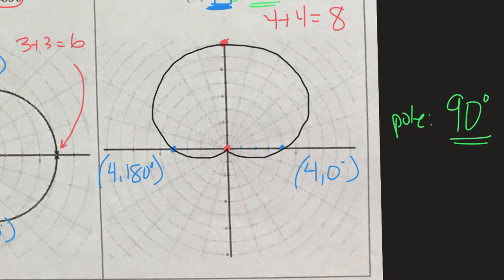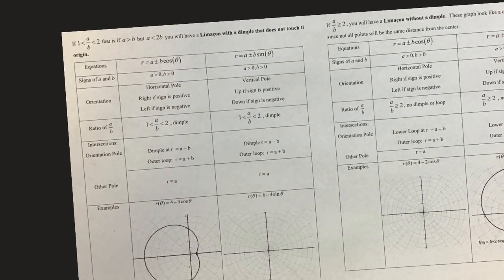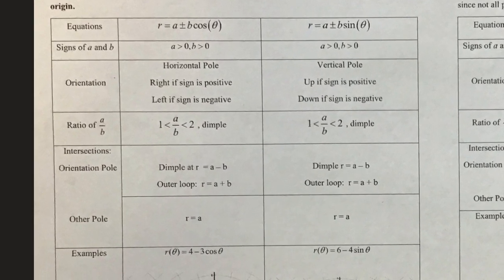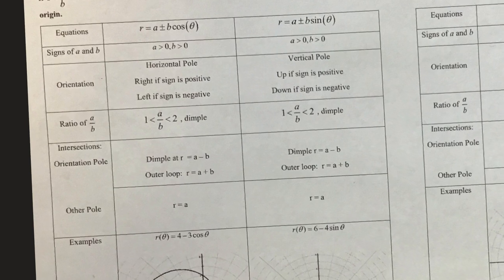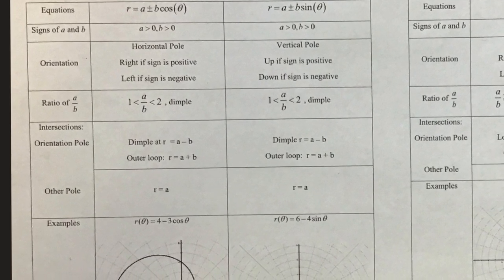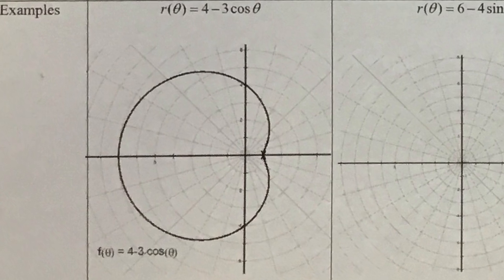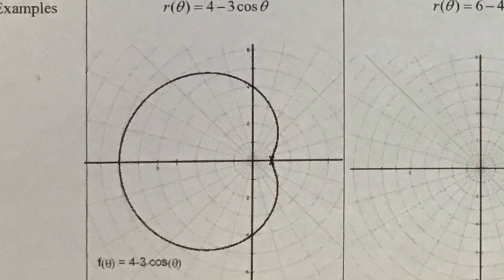Okay, let's look at our friends that have an A value that's greater. In all these problems, you'll notice that the A value is greater than the B value. So these ones are called limacons with a dimple not at the origin. So notice the origin here. The dimple is not at the origin.